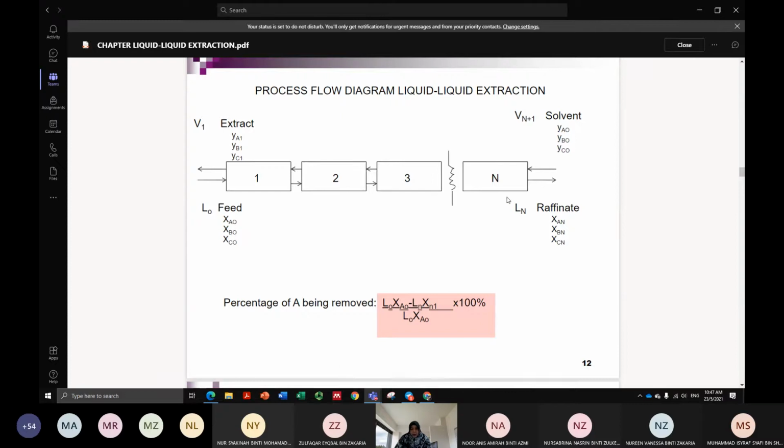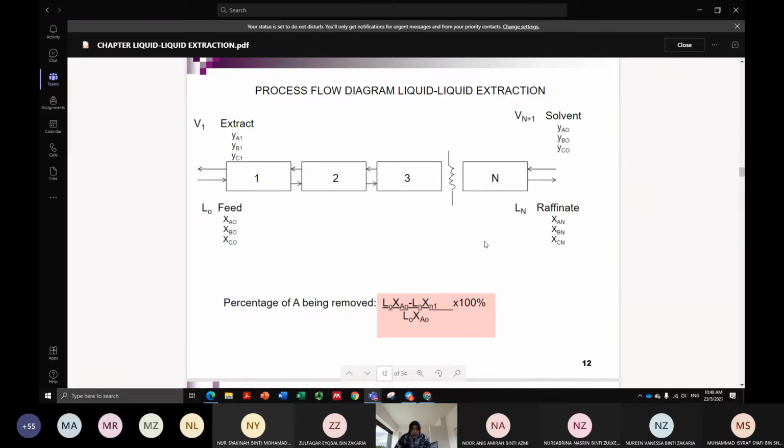Because you have multiple stages, you have stage number 1 labeled as 1 here, stage number 2, number 3, until stage number N. If you're dealing with multiple stages, you start with your extract with the symbol V1 and your solvent as Vn plus 1, because you don't know how many stages you are dealing with here. So we just assume the last stage will be N, and the label for the stream is Vn plus 1.